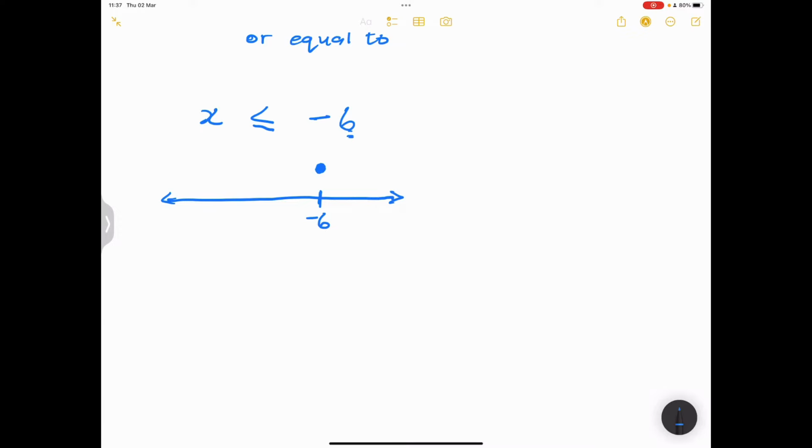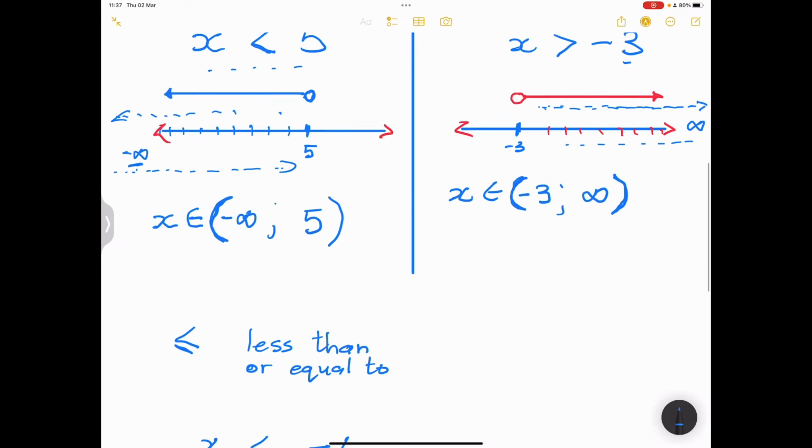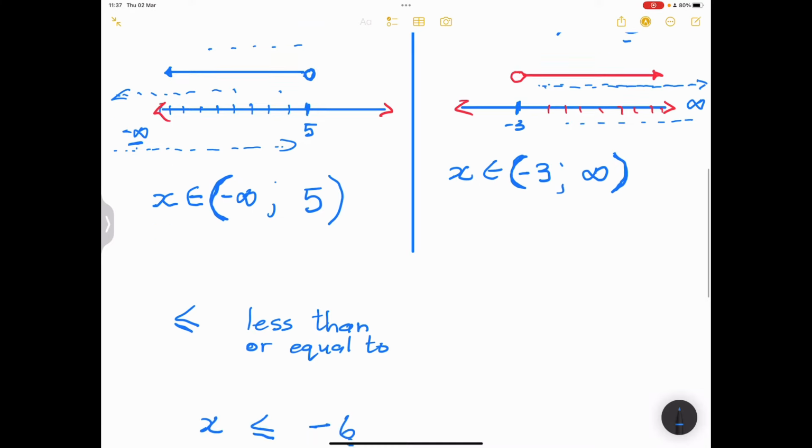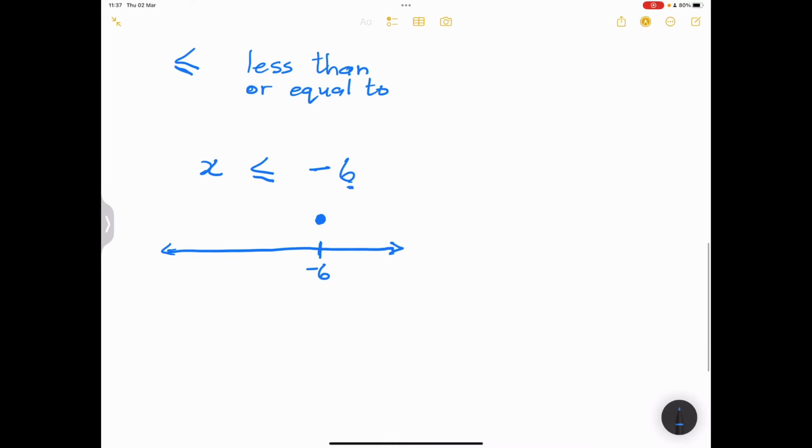Unlike in the previous case where we have that dot that has an open space inside, here we fill in that dot, and it says x is all values from -6 all the way to -infinity.